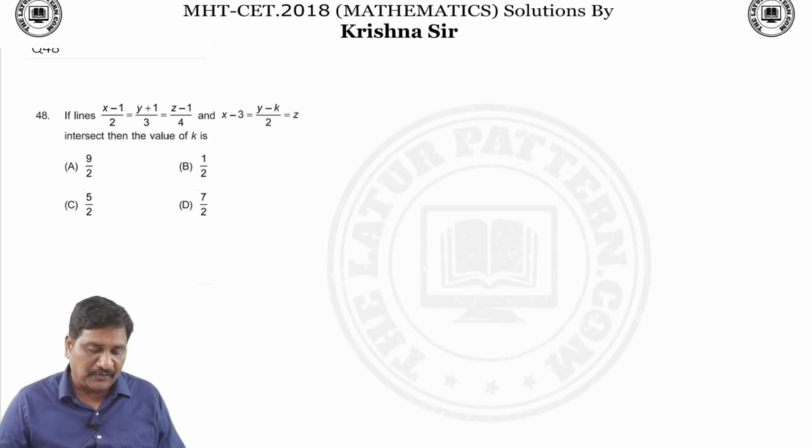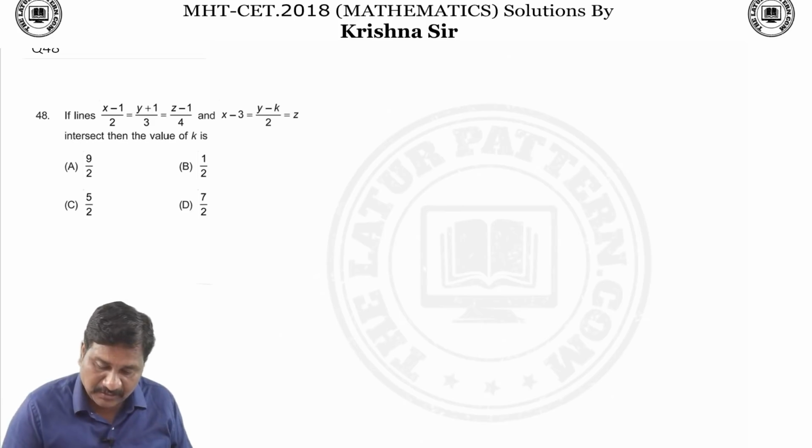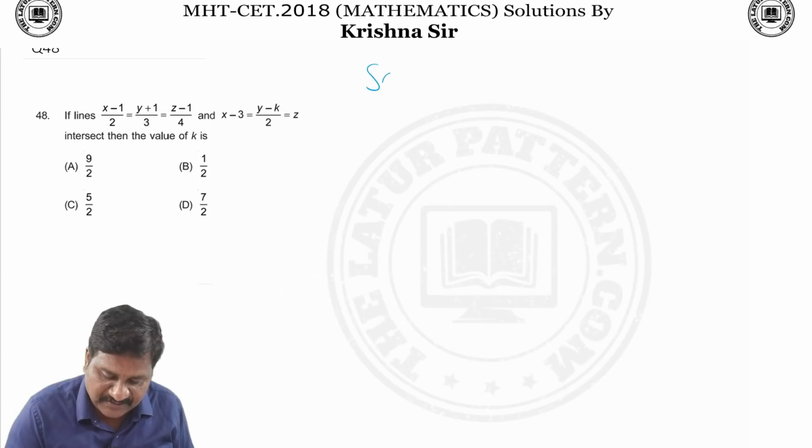The solution of question number 48. Two lines are given, they are intersecting, then the value of k. So the lines are passing through points. The first line passes through the point 1, -1, 1.